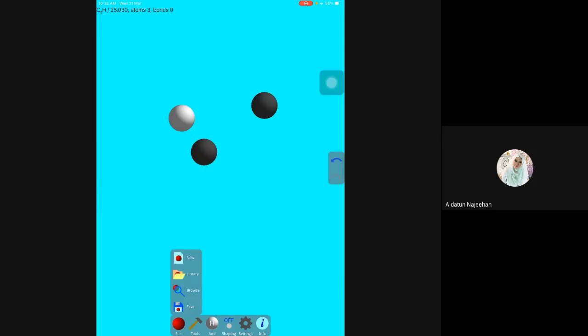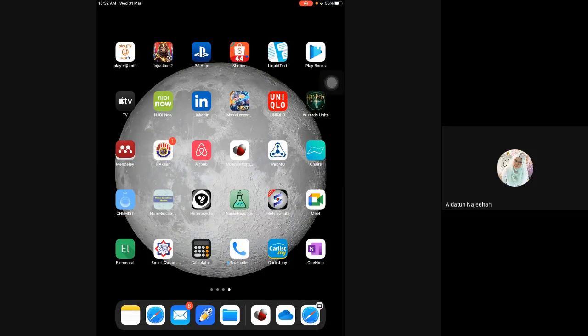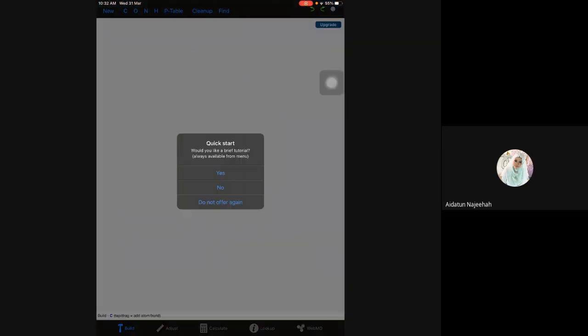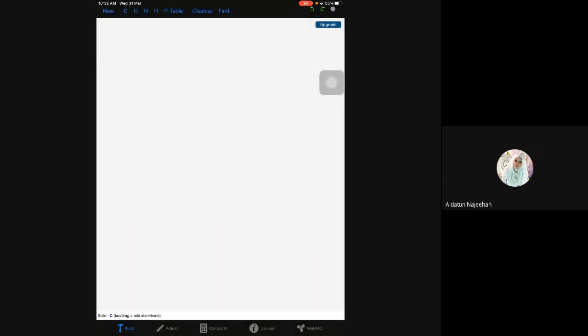Or another tool would be this one, WebMO, also free. So you can draw, select carbon. This would be carbon, and then you can add the hydrogen. Okay, and then all of this structure.